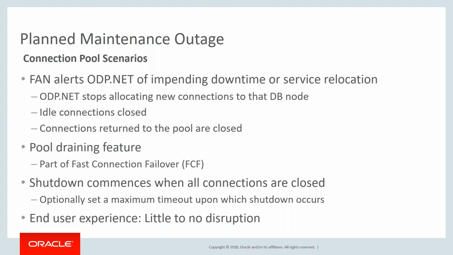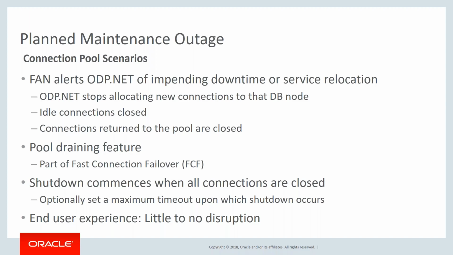So what happens when FAN alerts ODP.NET that there's a downtime that's going to occur in that scenario? First, ODP.NET gets the FAN message and stops allocating any new connections to that database node, if it's being told that the node is being taken down. Next, it closes all the idle connections, so anything in the pool connected to that node will be closed and disposed.